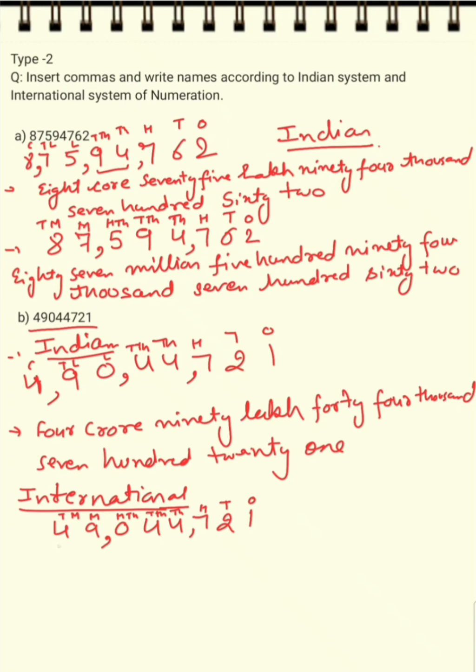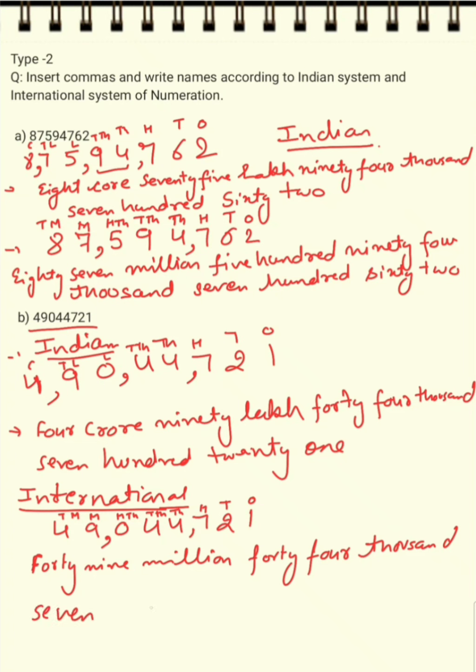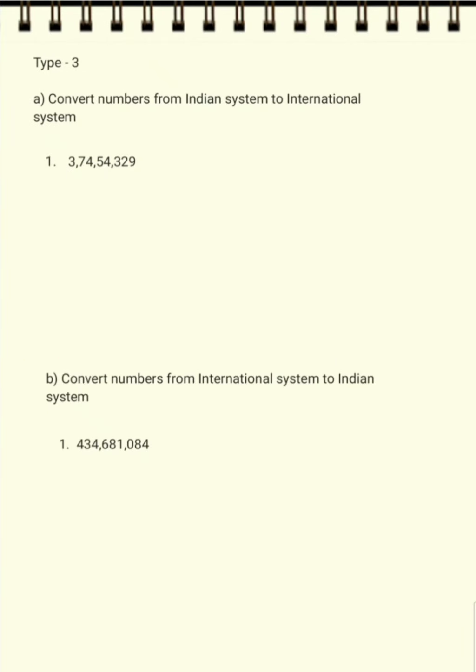Correct? So we can write this number as 49,044,721.